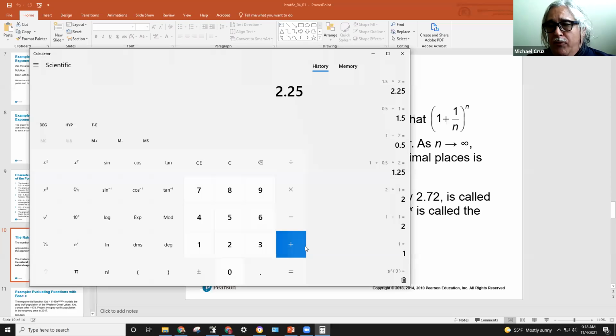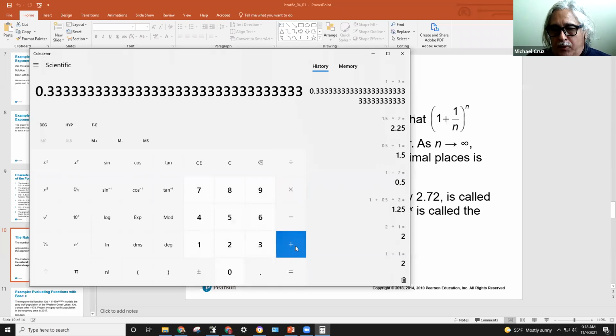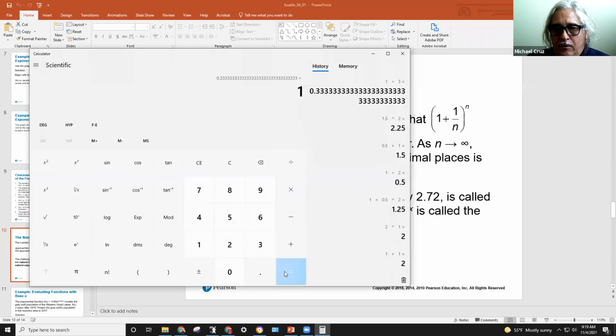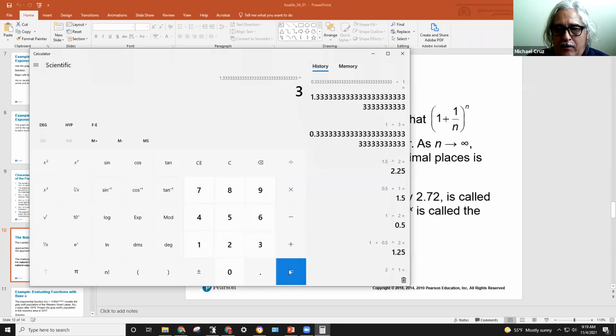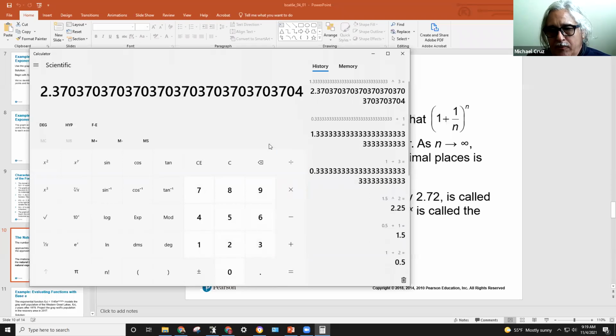And we could do the same thing with 3. So it would be 1 divided by 3 plus 1, and then we're going to take that to the third power.